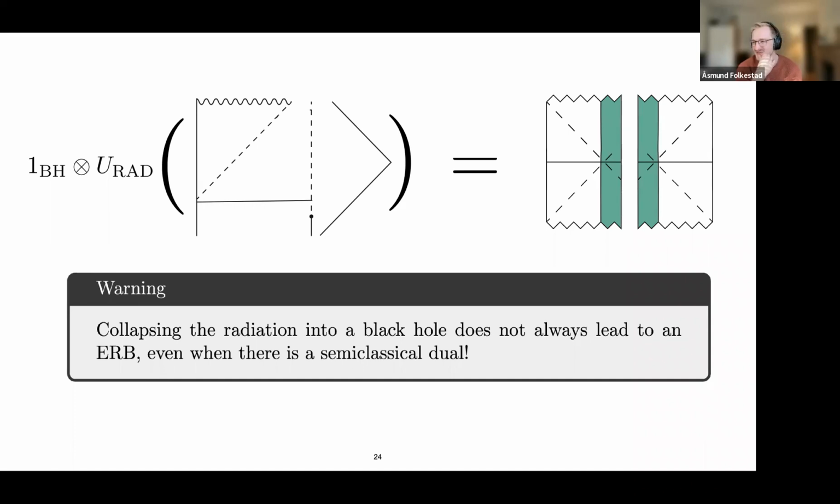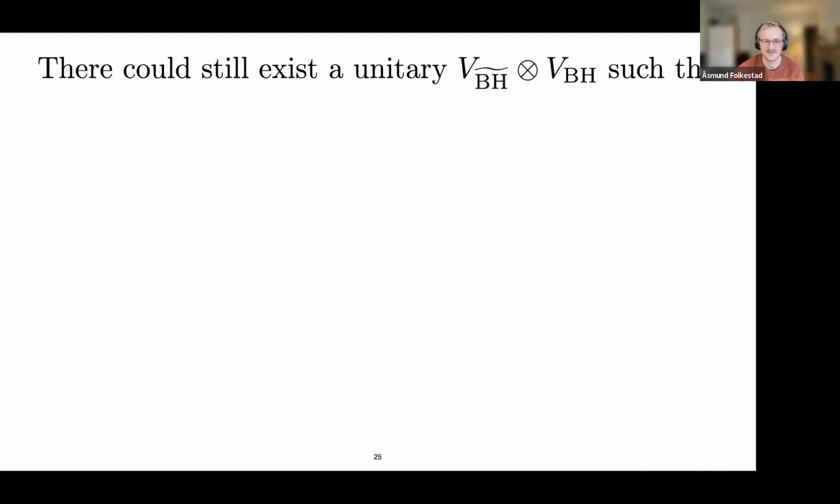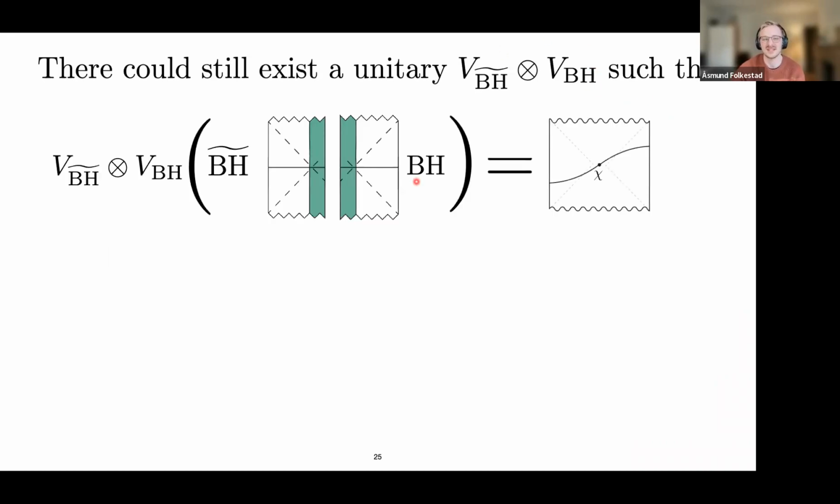So the intuition from the quote earlier was good after the Page time, but it's not entirely accurate before. Now, there could still exist a unitary which has support on both systems, such that we convert this disconnected geometry into a connected geometry. We haven't proven that you can't do that. That might very well be.